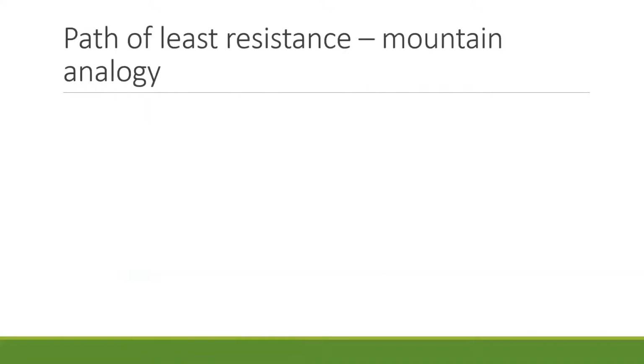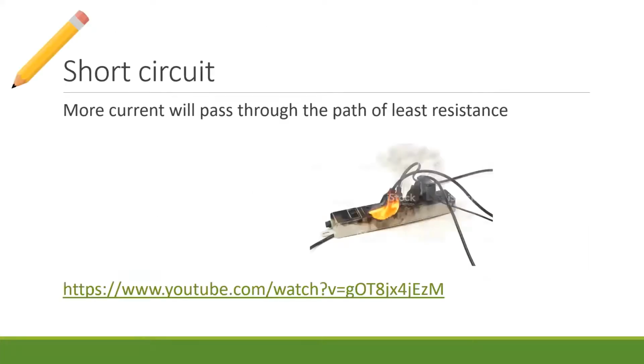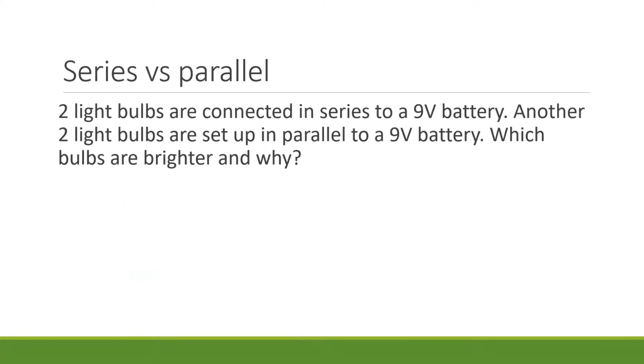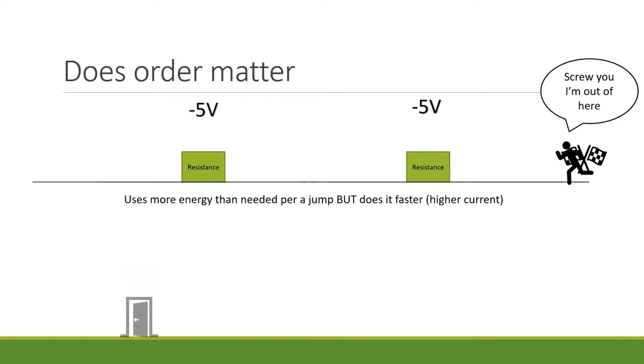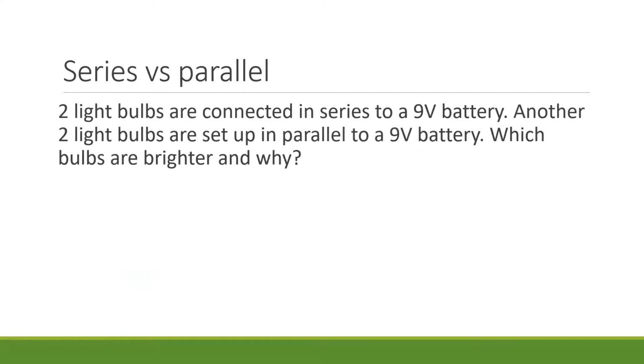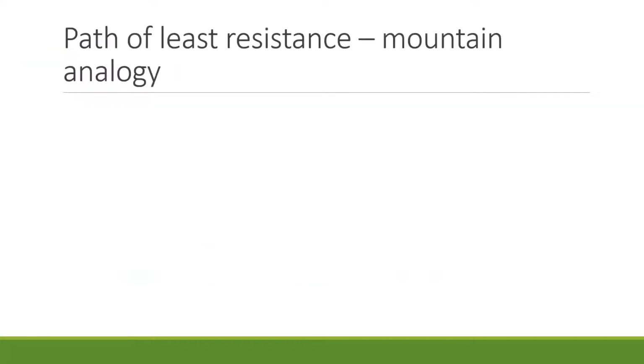Last lesson, the big double, what we did was electrical circuits. We talked about why order doesn't matter, and then we talked about short circuits and why electrons will tend to go for the path of least resistance.